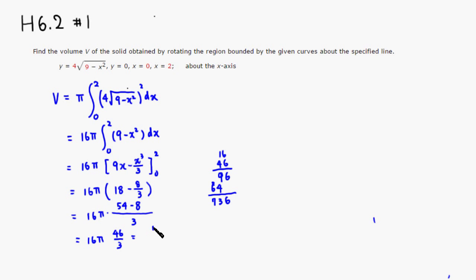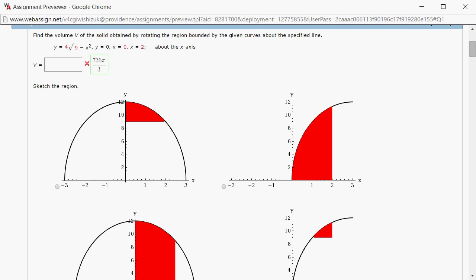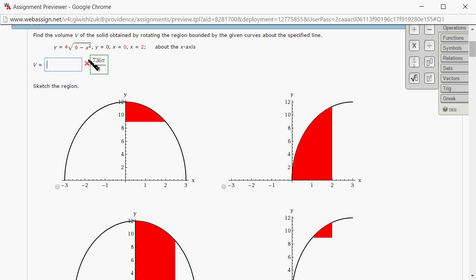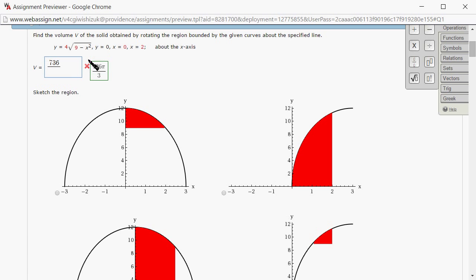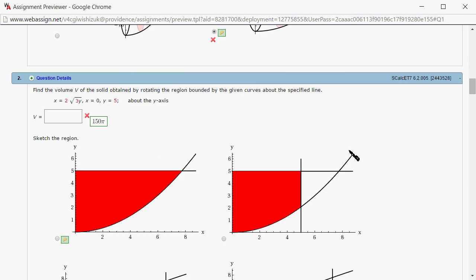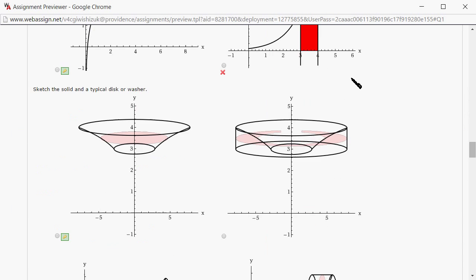This is going to be 736 pi over 3. Let's type it in, and the answer is there, 736 over 3 pi. Let's just submit.